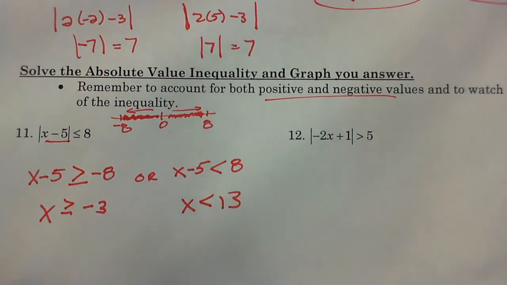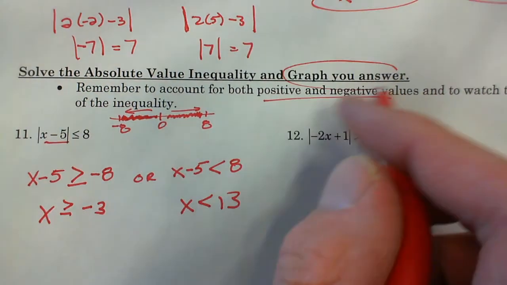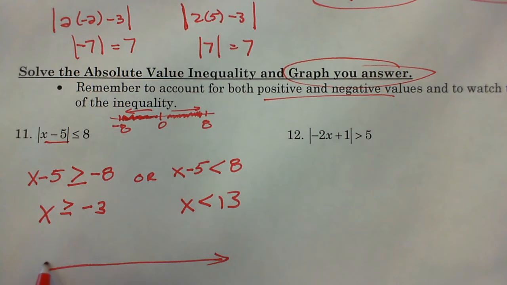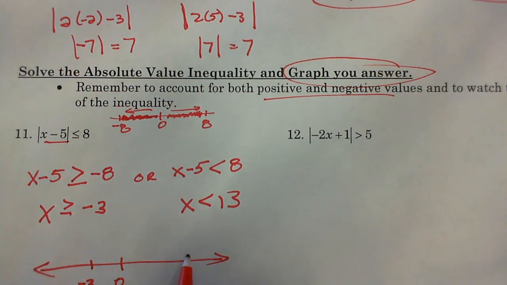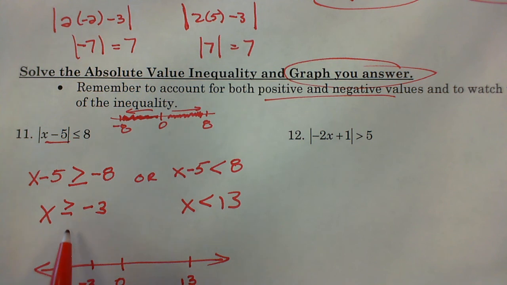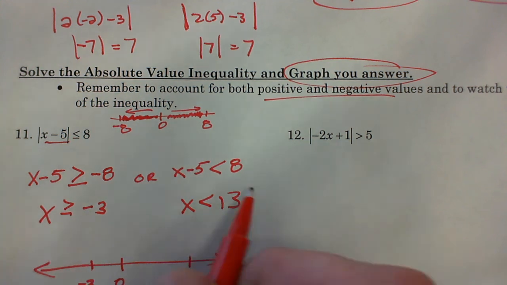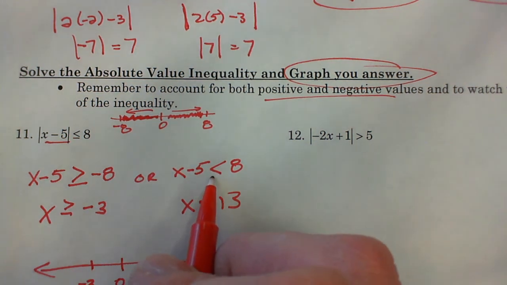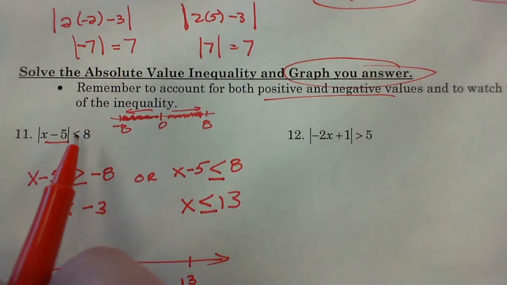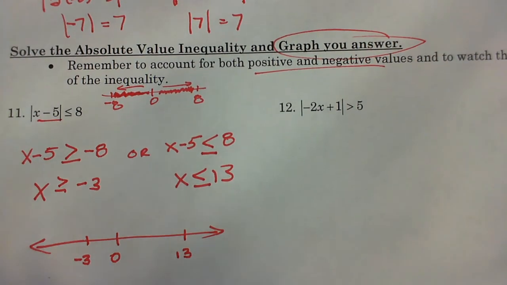So what are your final values? We're also asked to graph. So if we look at the graph here, there's 0, here's -3, let's say this is 13 over here. We know that we have to be greater than -3, and it could be equal to -3. Actually, over here I forgot the equals, so let me put those in, because it could be equal to 8, so I left that out.